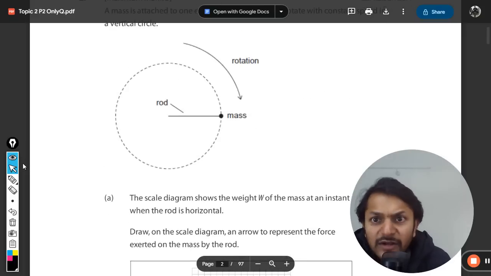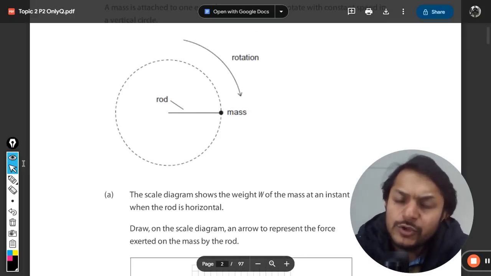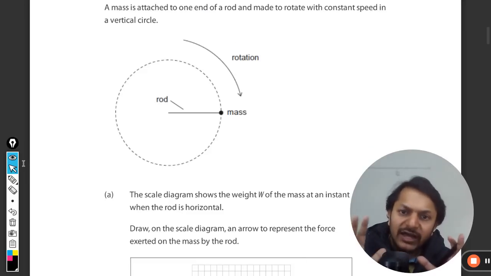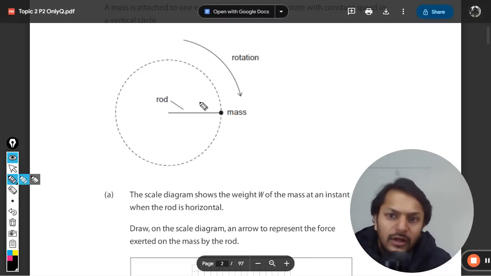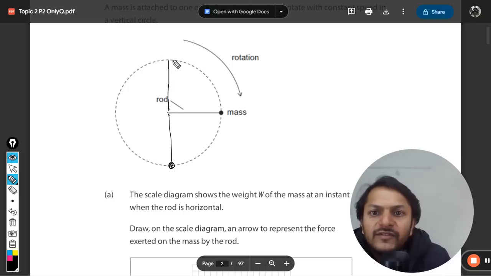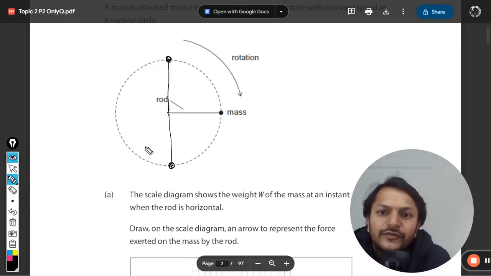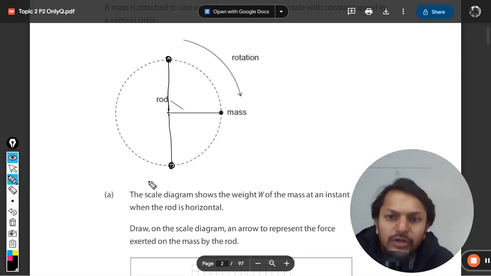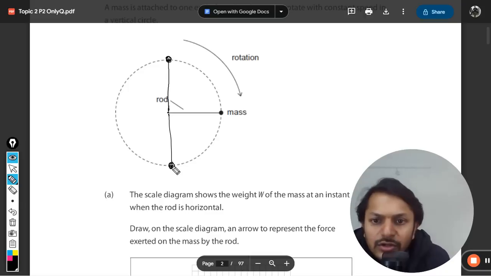Okay, so this part will be a bit tedious and it will be consuming a little time. So be careful now. We are going to consider two positions. One is at bottom and one will be at top. So first of all, let us concentrate at the bottom. So the weight is acting downwards and there is a force.